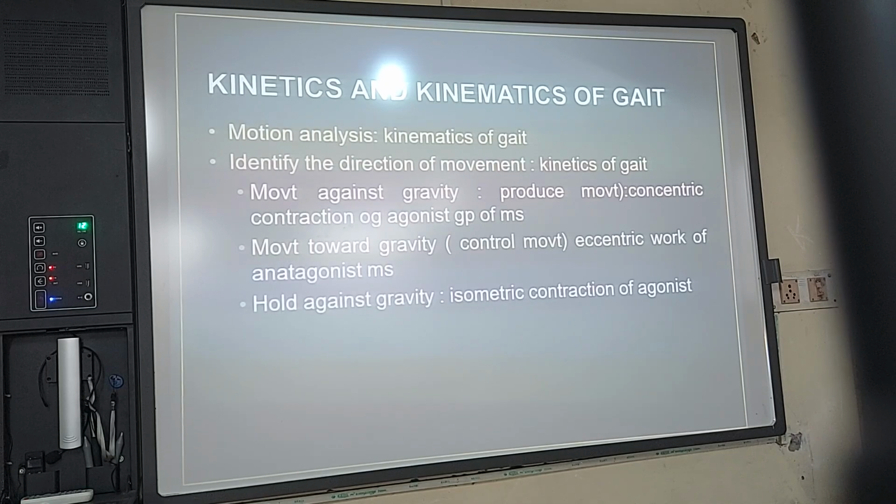Then the second column should be identify the direction of movement. Now you see, if the movement is happening against the gravity, you need to check that. If this movement is happening against the gravity, then the movement will be produced by the concentric contraction of the agonist group of muscles.